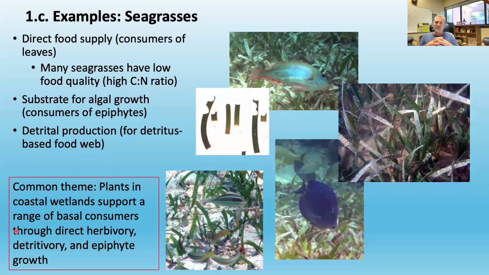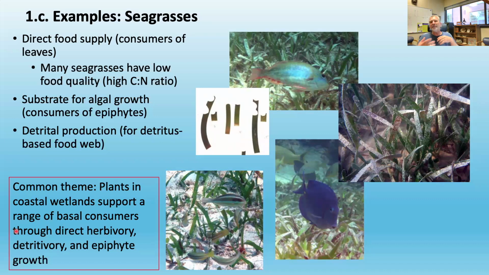Seagrasses, right? So we've talked about seagrasses also as another layer in these marsh communities. Seagrasses here again have a relatively low food quality because of their high carbon to nitrogen ratio, but they do make a good substrate for algal growth. And they also produce a lot of detritus.